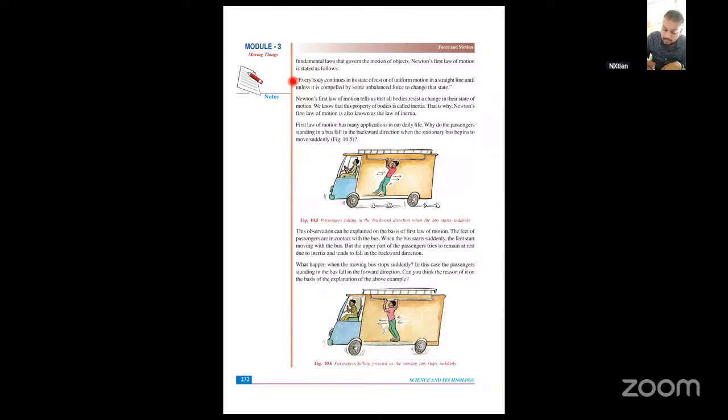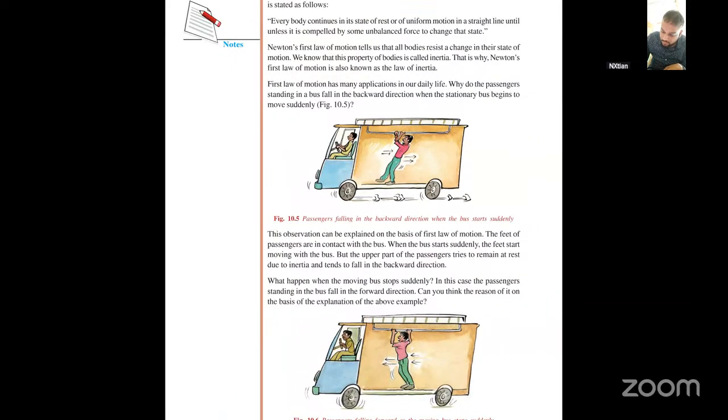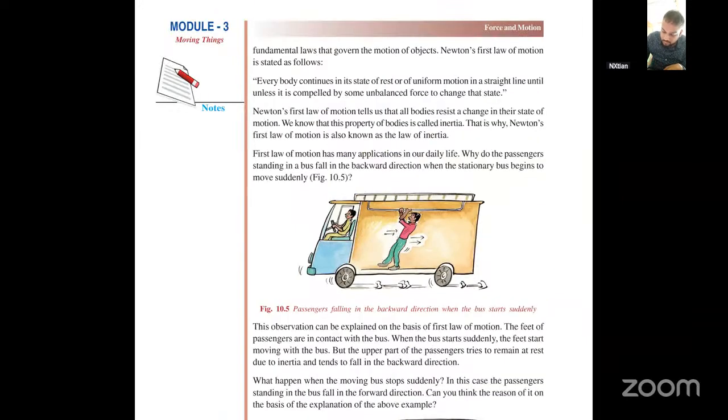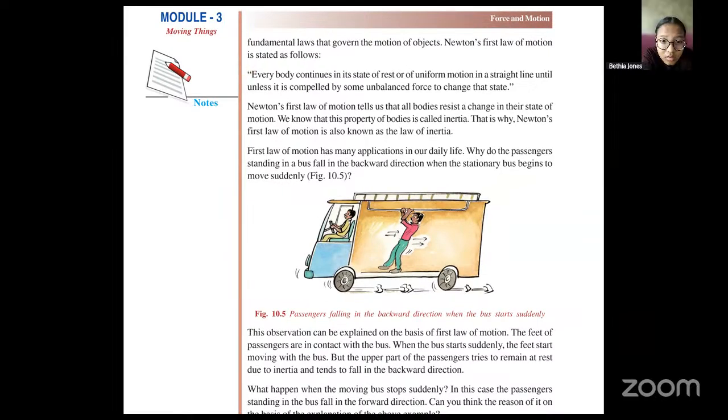So can you read this? This is important. Please, you have to memorize this line. Can you read this, Betya? Can you make it a little bigger?